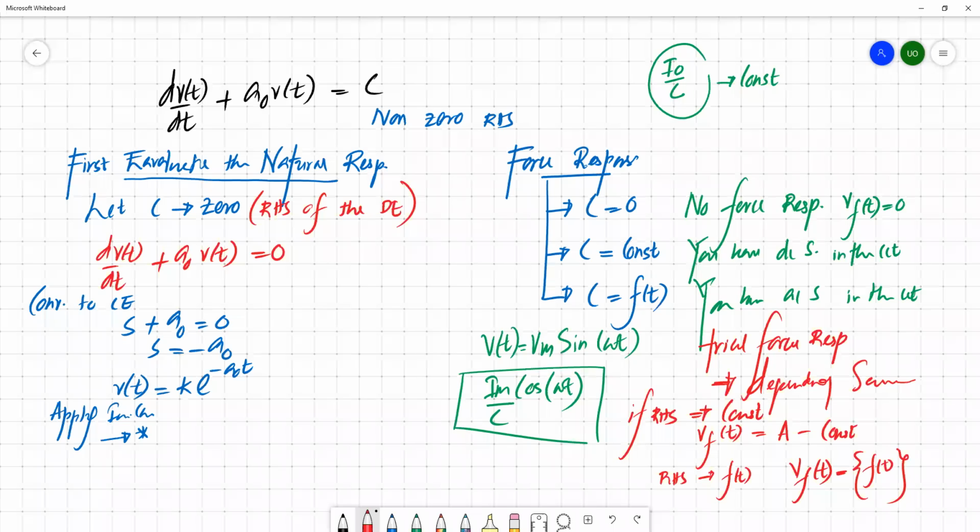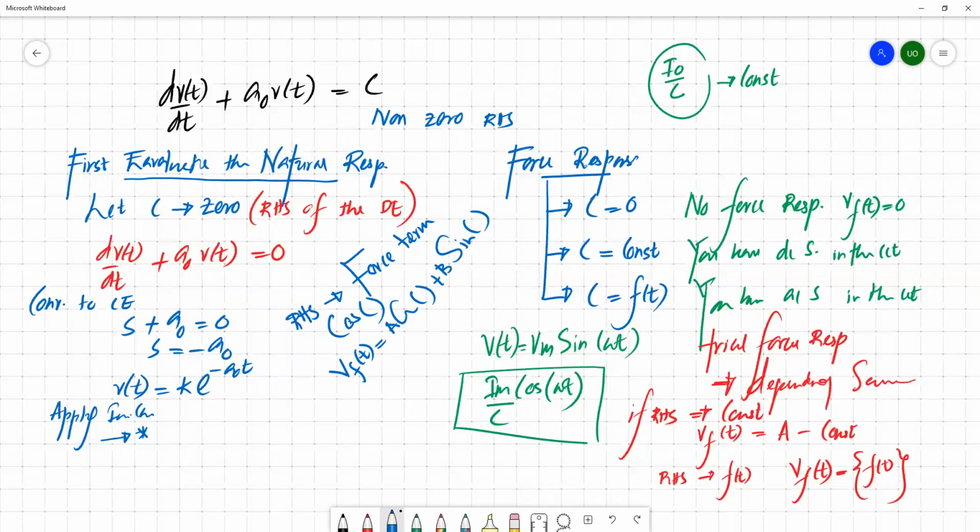What I mean by sync is, for example, if your right hand side, which is known as the forced term, contains cosine functions, you can propose a trial forced response as A cos of the same frequency plus B sine of the same frequency.